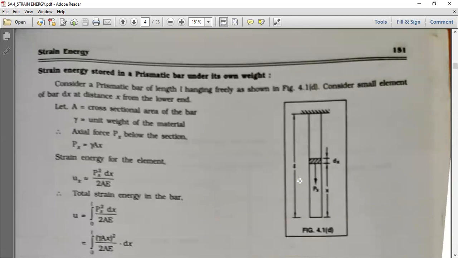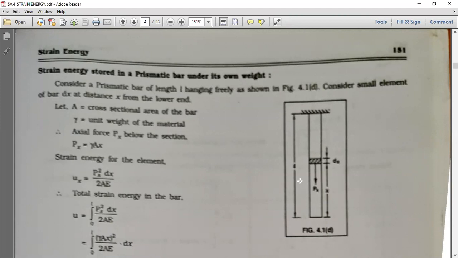Now, strain energy stored in a prismatic bar under its own weight. Consider a prismatic bar of length L hanging freely as shown in the figure. Consider a small element of the bar, dx, at distance x from the lower end.